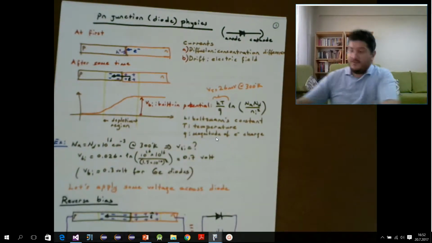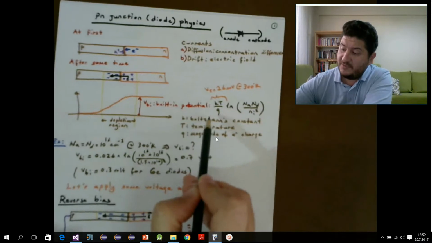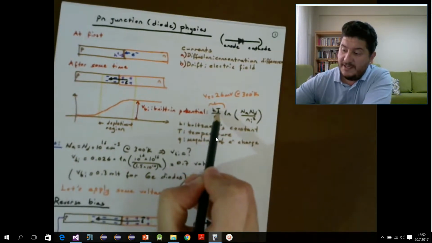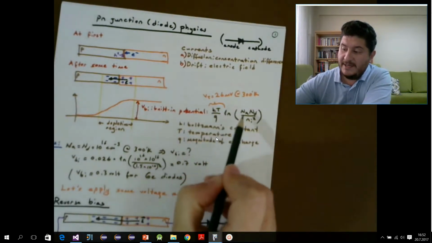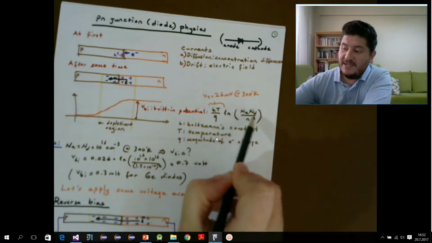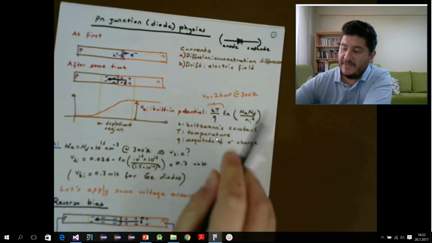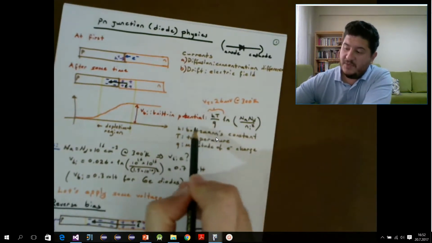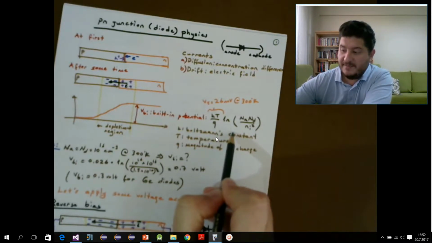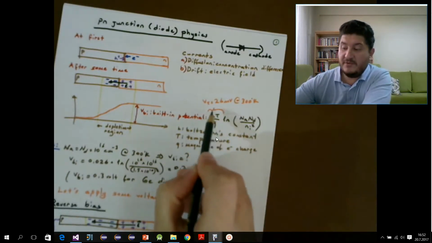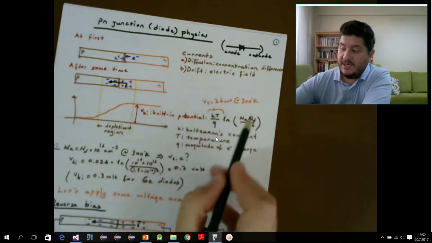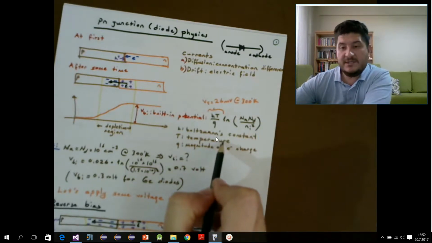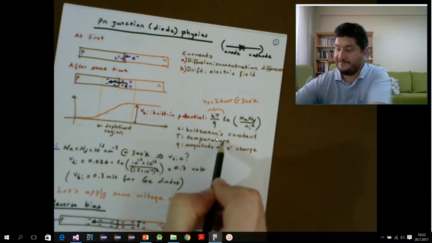As you can see, the formula for the built-in potential is kT over q times ln of Na times Nd over Ni squared. Now, k is the Boltzmann constant. It's a constant number. T depends only on the temperature. So T is 300 kelvins at room temperature.